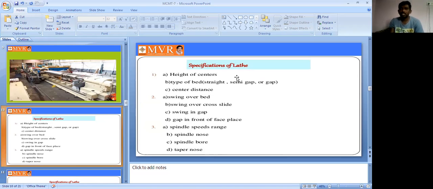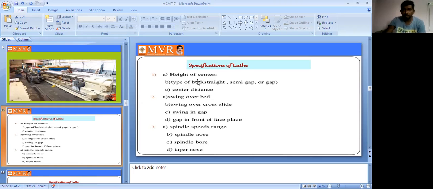Some of the specifications we can see on a lathe. What are the specifications? First of all, height of centers. We can see the height of centers on lathe machines. Type of bed: straight, semi gap, or gap. These kinds of beds we can see on lathes. Center distance.